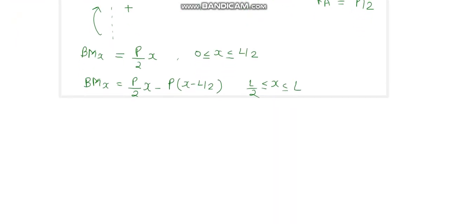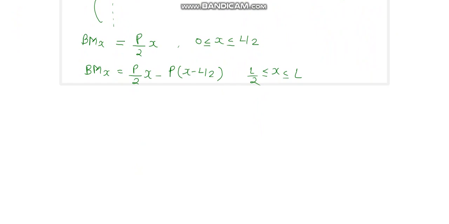Now if we draw this moment along the span of the beam, we can plot it as this is point A, this is point B. Between x equal to 0 to L by 2, we can draw it as a straight line. Again for this section, putting x equal to L, we will get 0.